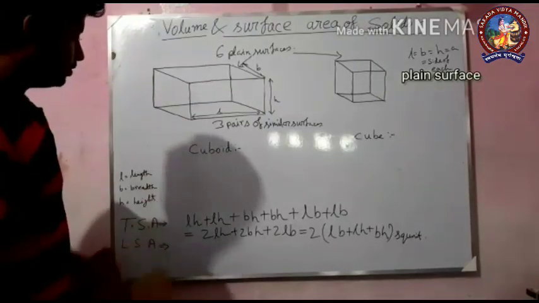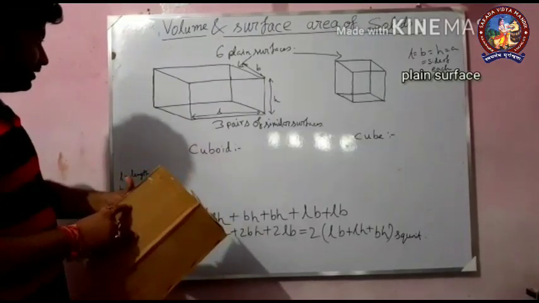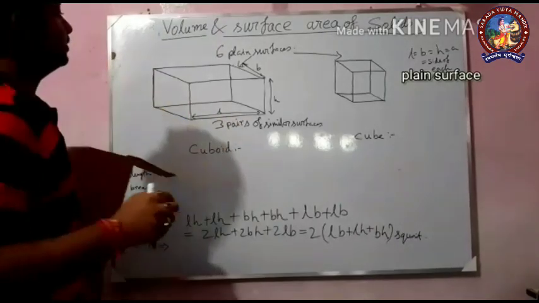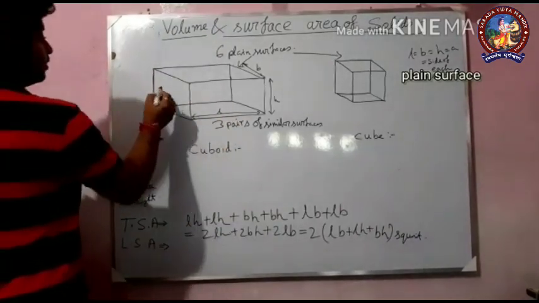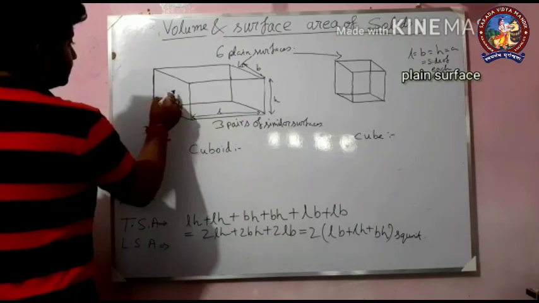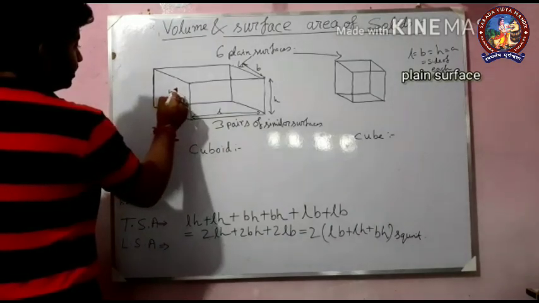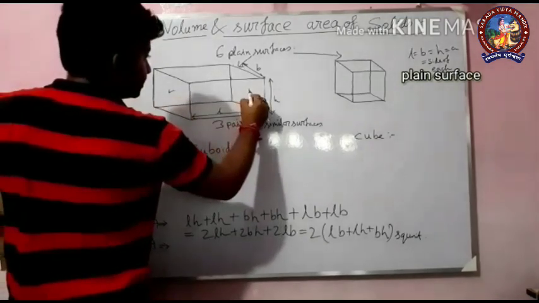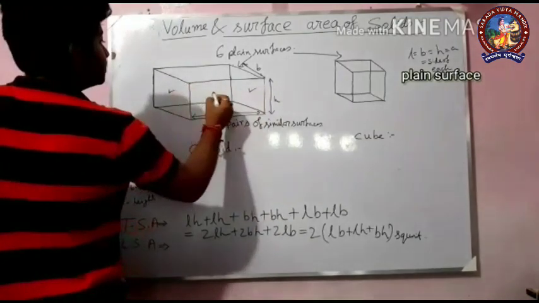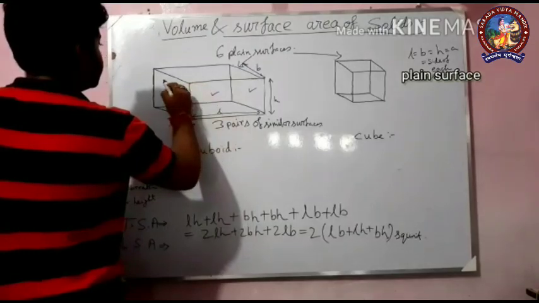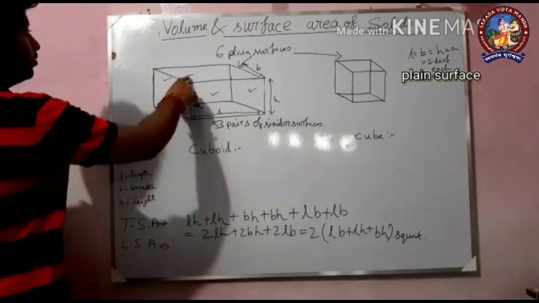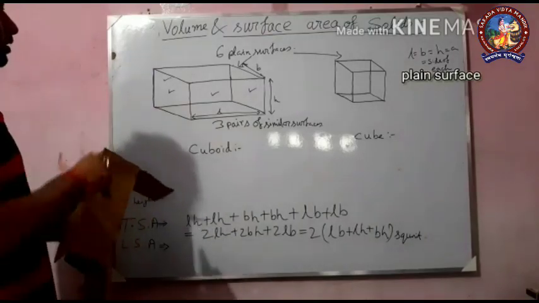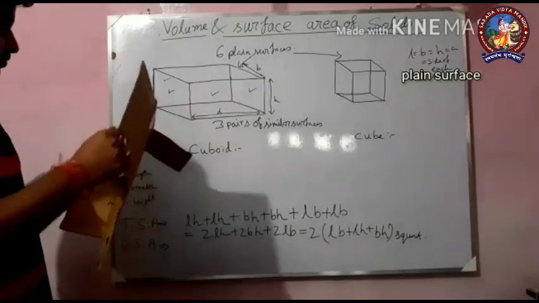Now suppose we have to find out the lateral surface area of a cuboid. The lateral surface area means these surfaces: the surface at the right hand side, the surface at the left hand side, the surface at the front, and the surface at the back. Not the upper one. Maybe it is difficult to understand in the picture.